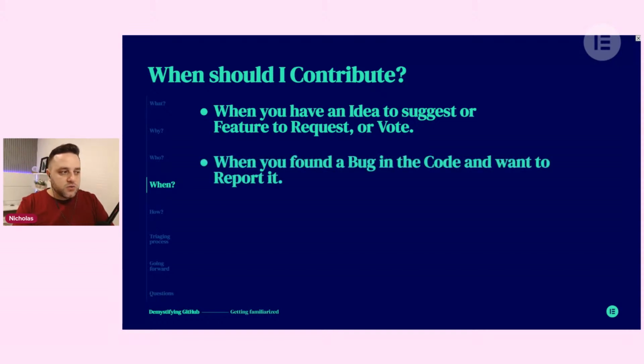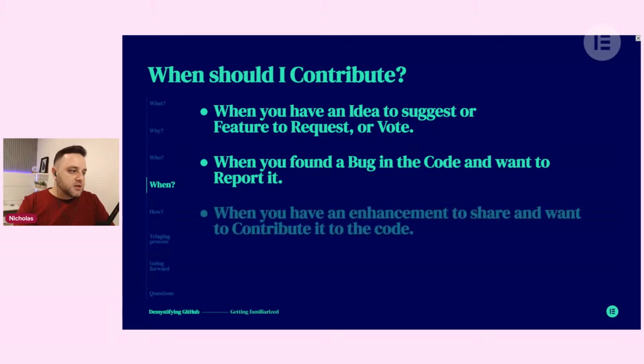If you found a bug, you can also share and report it so we can track it and fix it. If you are a developer, you can obviously contribute with code. We are really open to that. We have many contributors that have shared their changes to the code that we implemented.